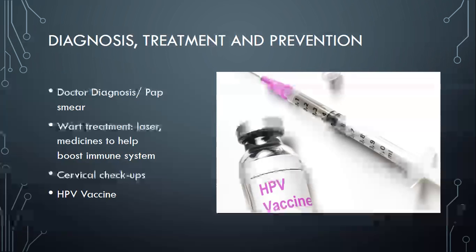So when the body encounters this, it makes antibodies, and those antibodies are used to fight off the real virus if exposed. Those little proteins are taken from the actual virus, and when your body develops those antibodies, if you are exposed, then you've already got immunity, I guess you would say.